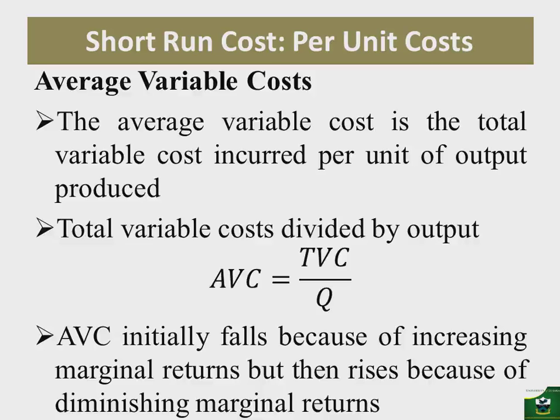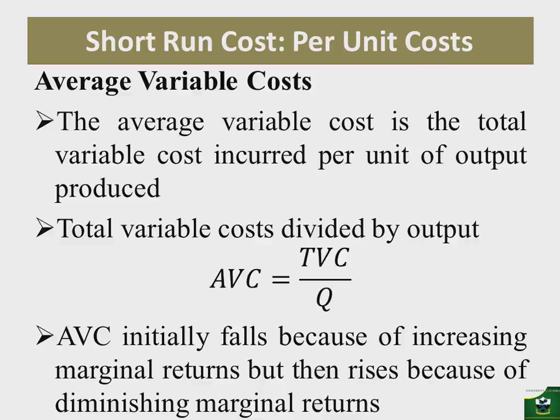And the time the firm starts to experience diminishing marginal returns, it means that the firm's production is rising at a diminishing rate. Therefore, when the firm's output is rising at an increasing rate, its average variable cost will be declining, meaning its cost per unit will be declining the more the production levels.